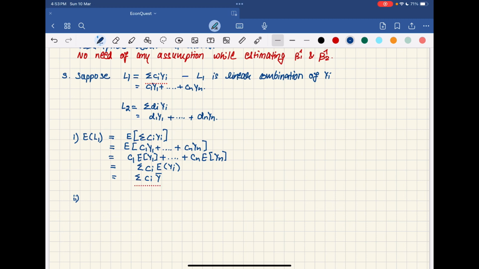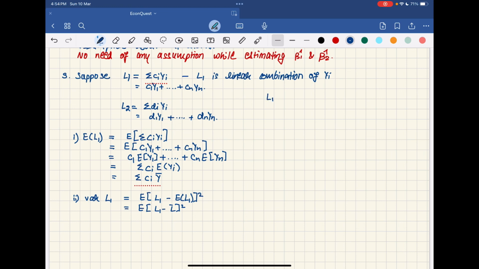Okay, second, if we want the variance of L1, it is equal to expectation of L1 minus expectation of L1, whole square, right? But expectation of L1 is what? L bar, right? Now let's substitute the value of L1 minus L bar.